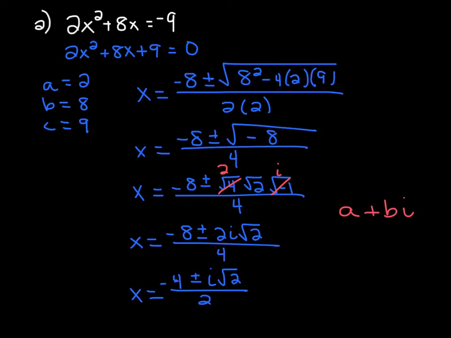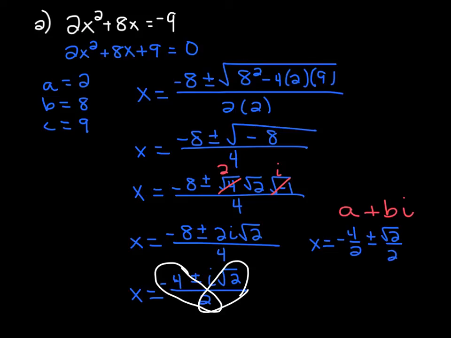All right, so my A is going to be -4 over 2. So we can write x equals -4 over 2. And then we have our plus and minus. So let's write plus and minus. Our B is going to be this radical 2 over 2. And then we can just take this i that we have here and just bring it out to the outside.